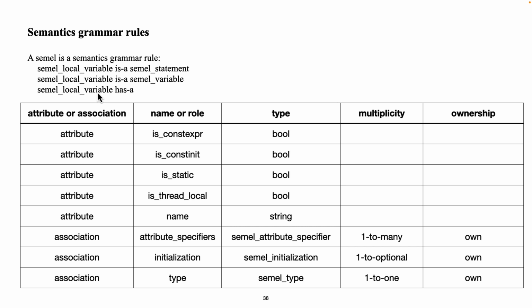And a local variable has 5 attributes, 4 booleans and a string, and participates in 3 associations. These 3 happen to all be ownership. And I chose to draw this as a spreadsheet because I thought that was easier than all these Hasa rules one after the other.